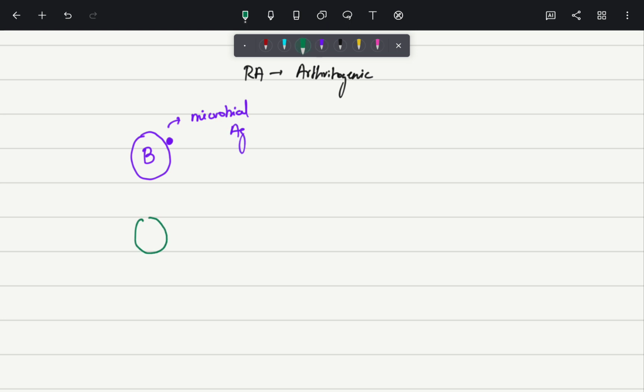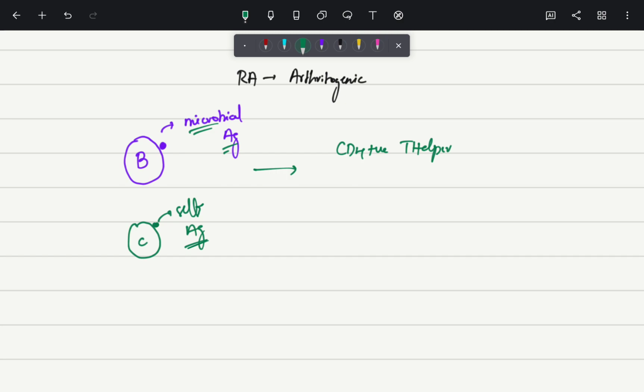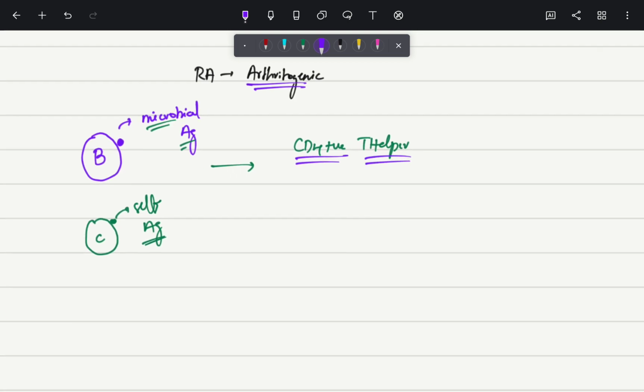Suppose this is our cell. Our cells have antigen present on it. These are called your self antigen. Now whenever there is a microbial antigen or a self antigen, it will go and stimulate a CD4 positive T helper cell. So the arthritogenic agent will go and stimulate the CD4 positive T helper cell.